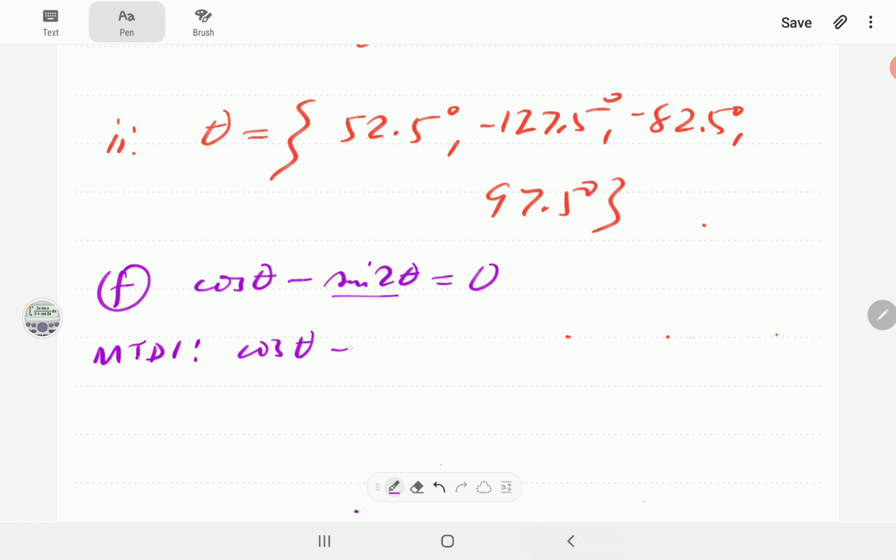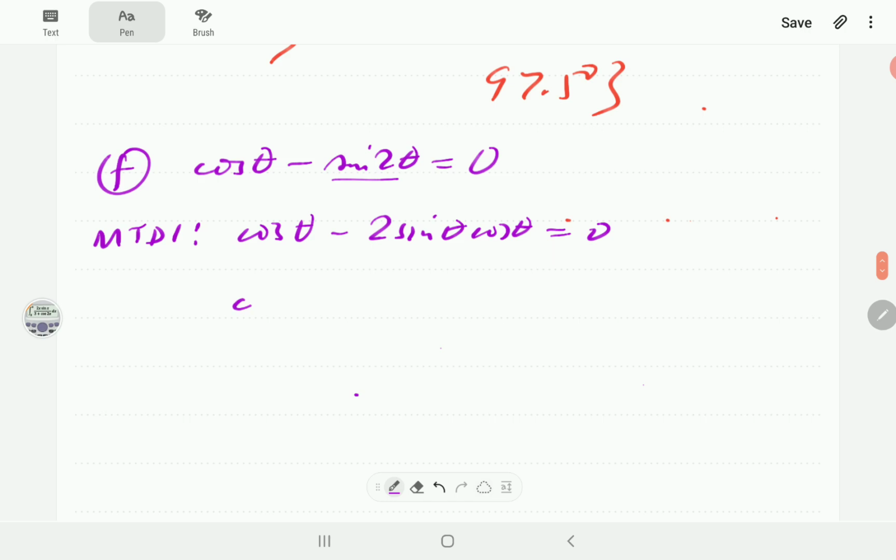So we've got cos theta minus 2 sine theta cos theta equal to 0. Then cosine theta is common, so we factorize it.